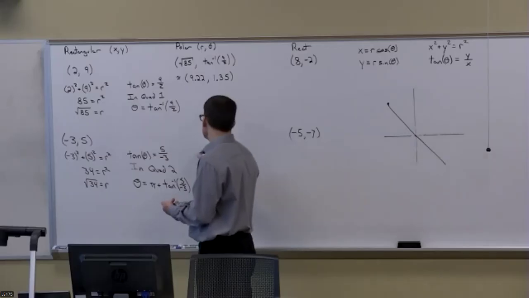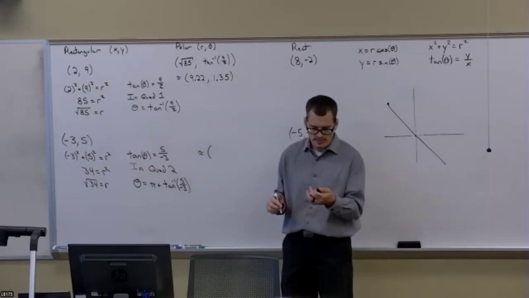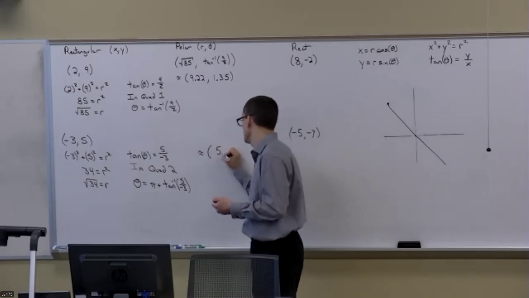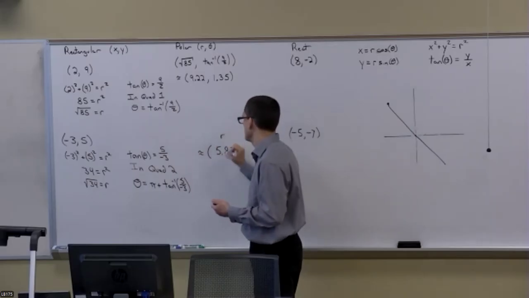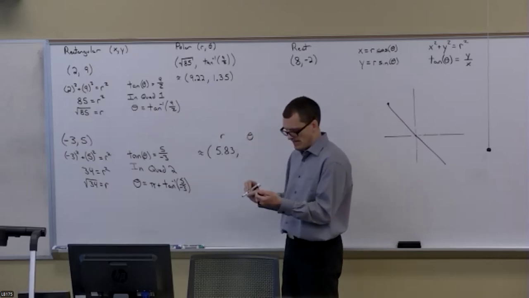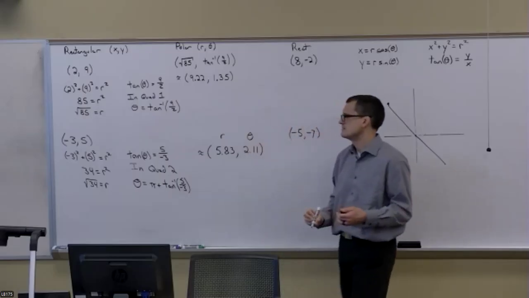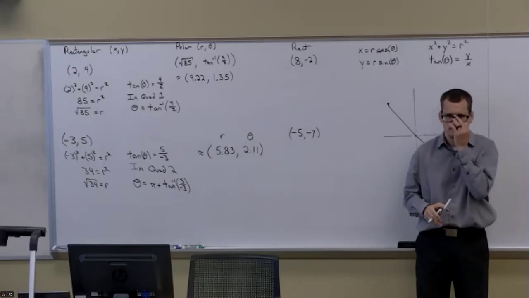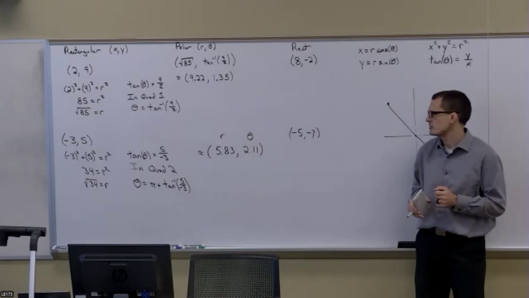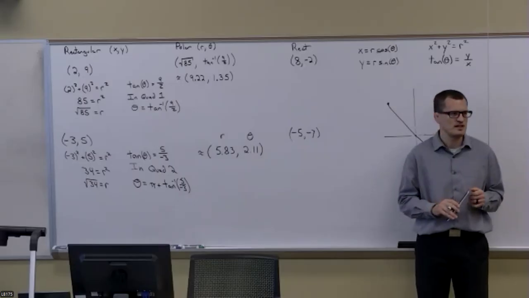So the polar point is approximately, well, square root of 34 is about 5.83. That's your R. And then your theta is about 2.11. Is that right? You could also write square root of 34, comma, pi plus inverse tangent of 5 over -3.